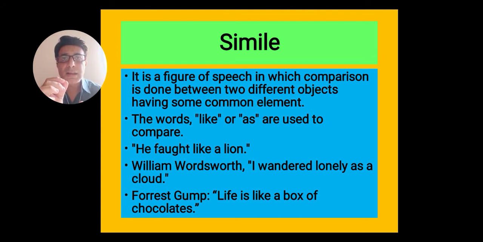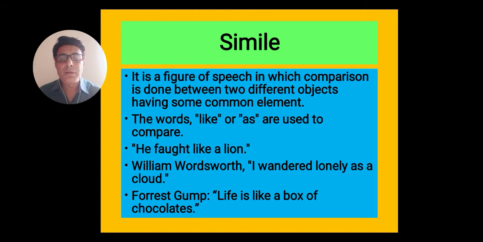Simile is a figure of speech. It is a poetic device in which a kind of comparison is done by the poets. This comparison is done between two different objects, but only when there is some common element between these two objects.